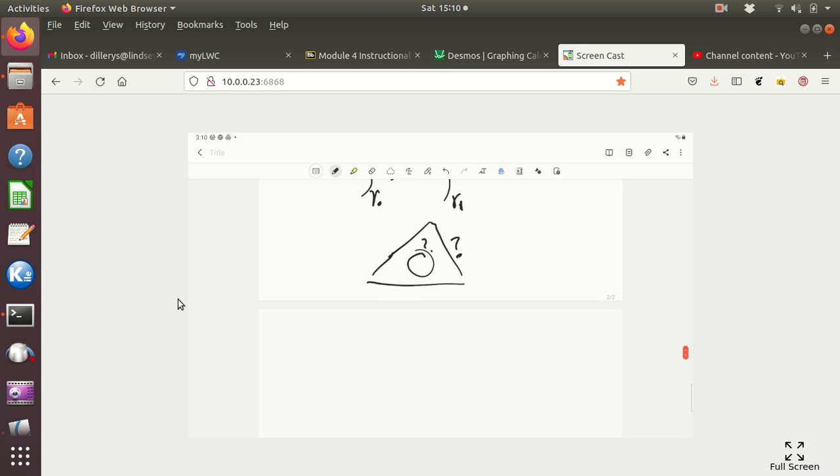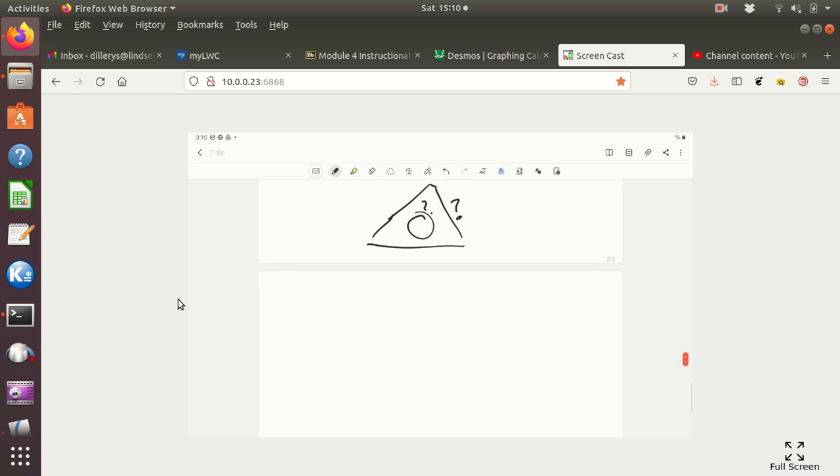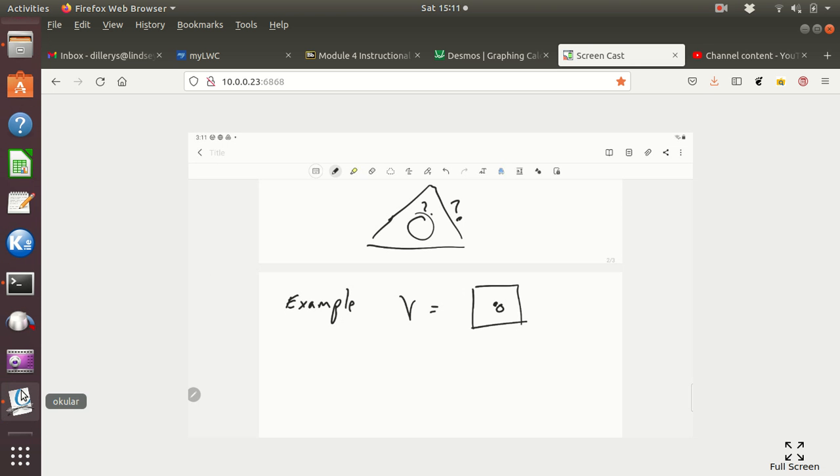And then they do an example, and they take gamma to equal, I think they said, a square around 0 there. Let's go back and take a look.